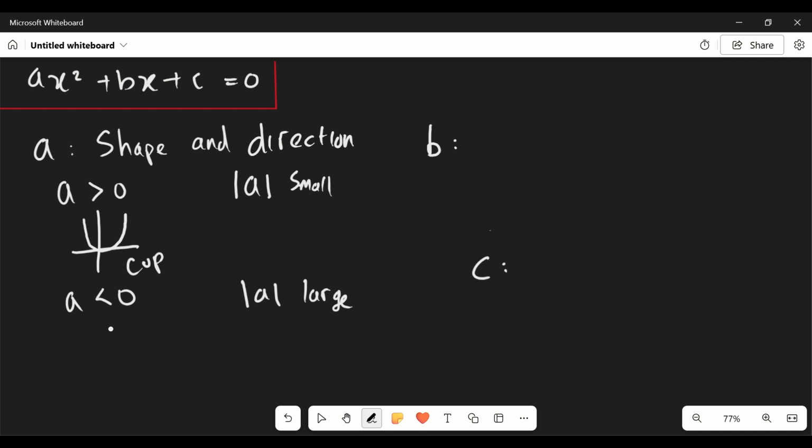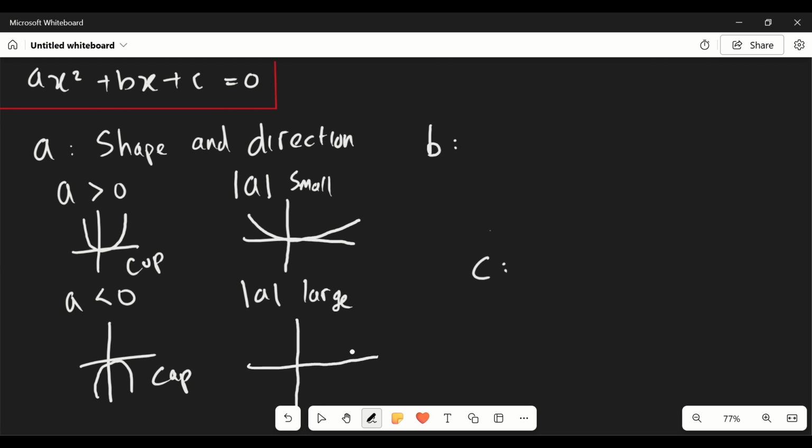If a is less than 0, we have a graph that looks like this. It's like a cap. If the absolute value of a is small, we have wider parabolas that look like this. If the absolute value of a is large, we have narrower parabolas that look like this.